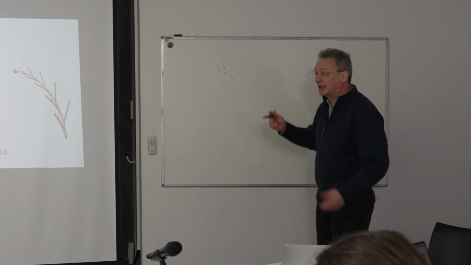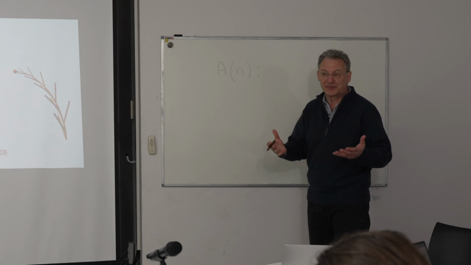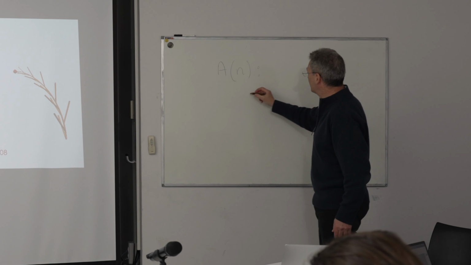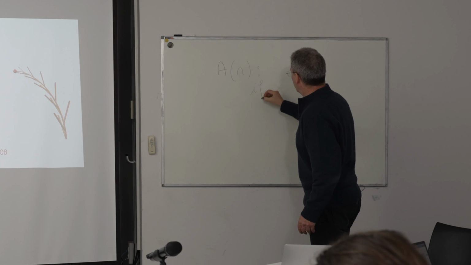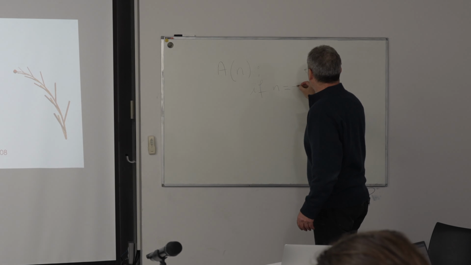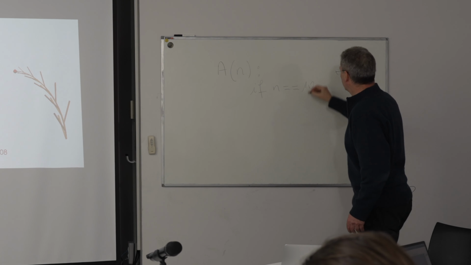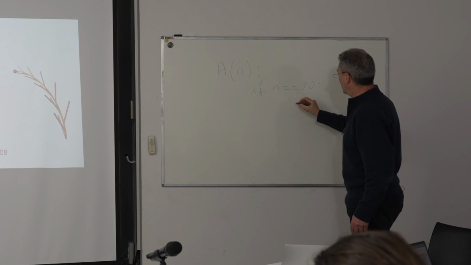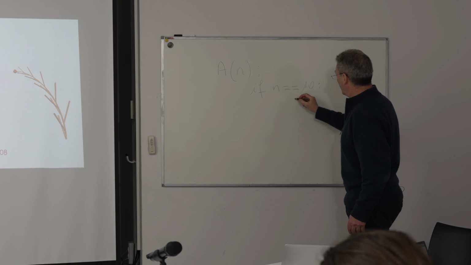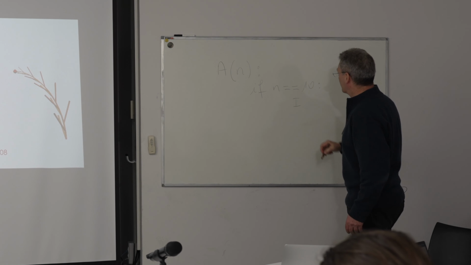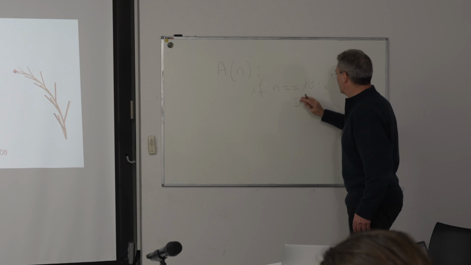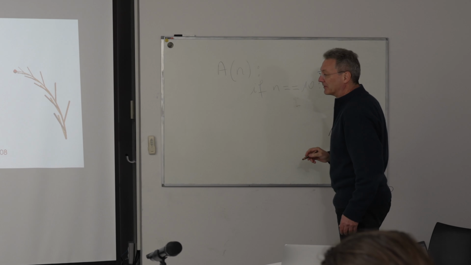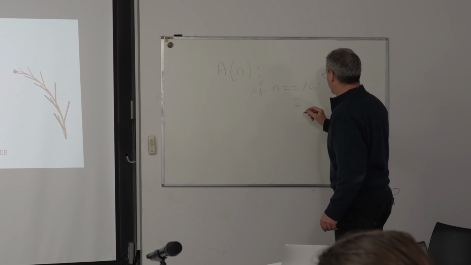This apex will produce something depending on the value of n. So I can write something like this. If n equals 10, produce a short internode.